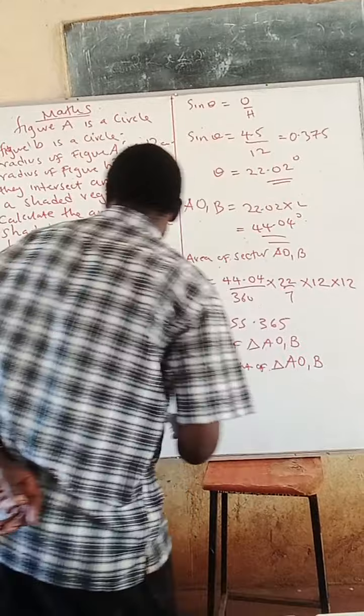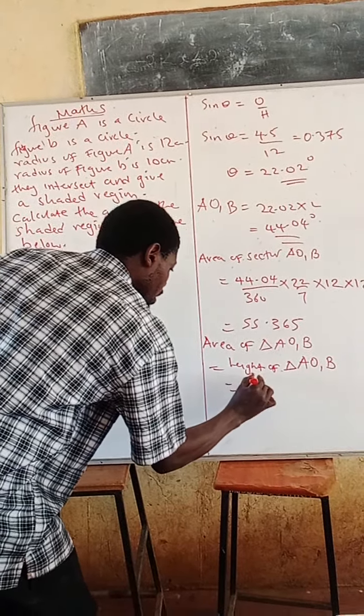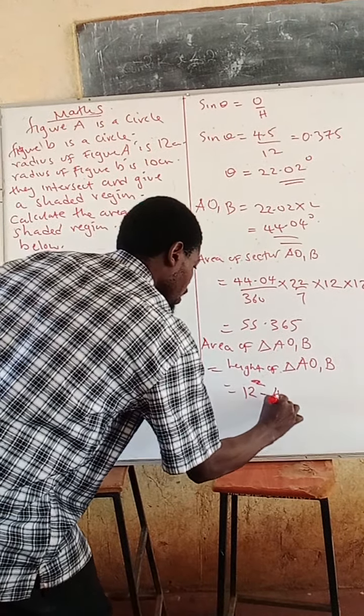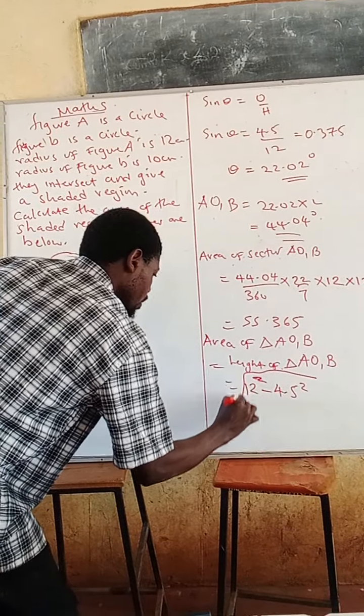will become 12 squared minus 4.5 squared. That answer, we get the square root.